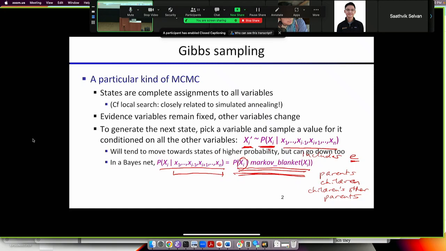And so some neuroscientists believe that, in fact, the brain is doing something like MCMC in a Bayes net. And they have evidence to prove it. But of course, other neuroscientists have evidence to prove their own theory of how the brain works. So it's still pretty much completely up for grabs.